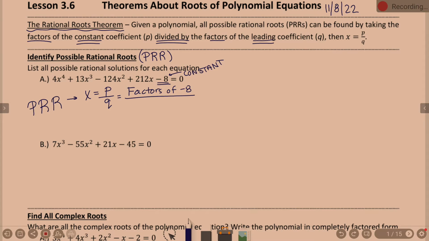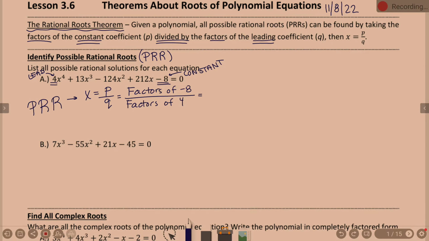This one should be 4x to the 4th, because it has the highest power, exponent, degree, whatever word you want to use. The coefficient is the number out front of it, specifically the big 4. It's not the power. So in my denominator, I'm going to be doing factors of 4.